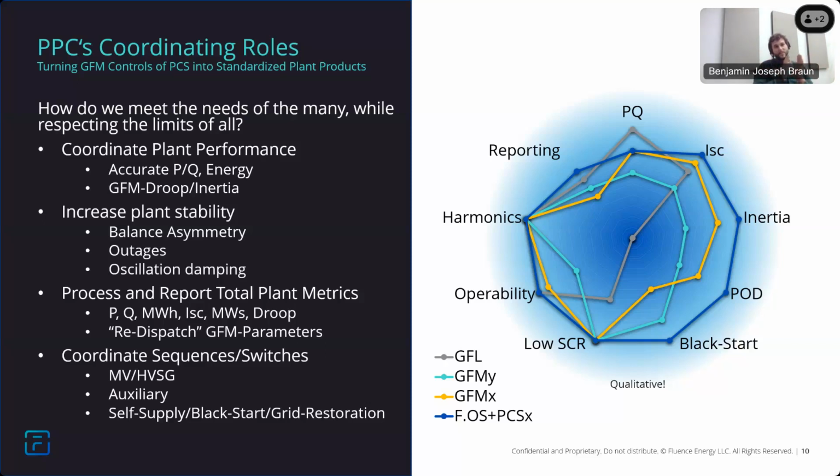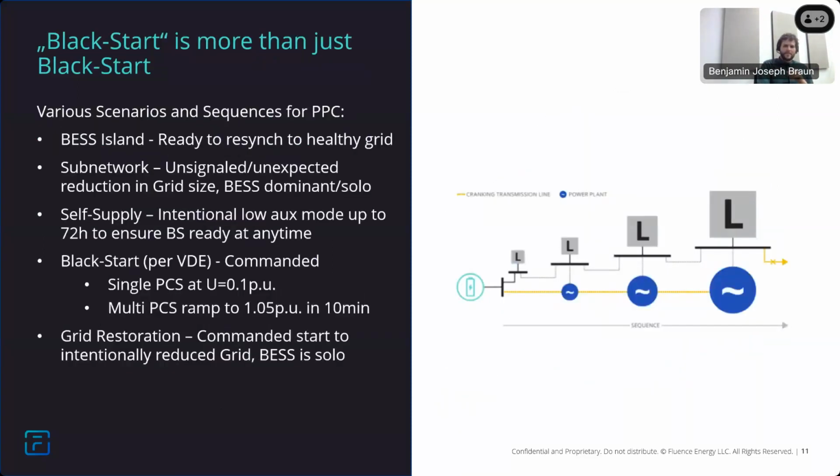So that's when you combine the grid forming controls of a PCS with specifically tuned plant level controls, considering the grid forming, then you actually have a much broader, a more fulfilled capability from your plant. Getting mindful of question time, so I'll try to skirt through some of these.